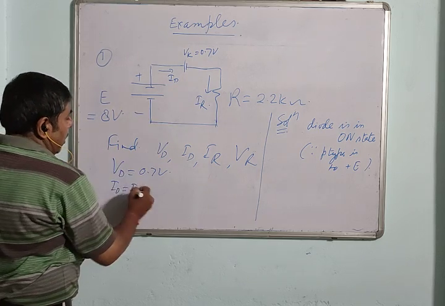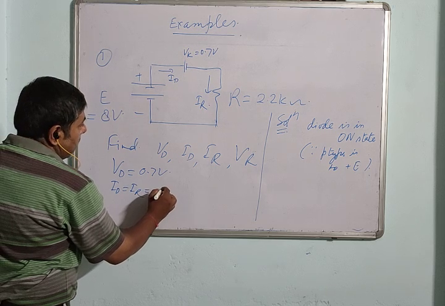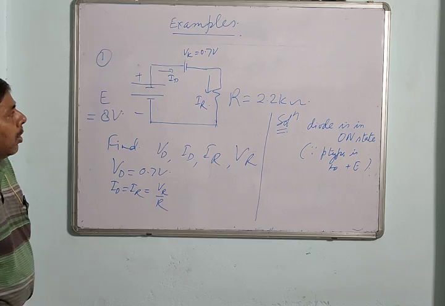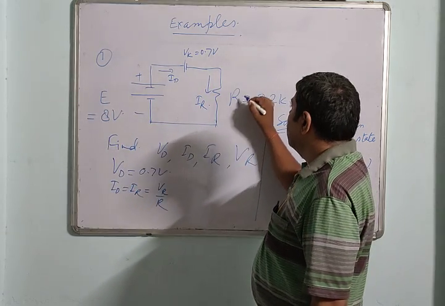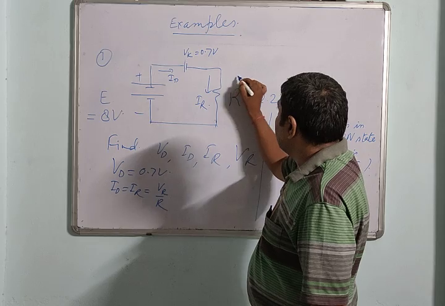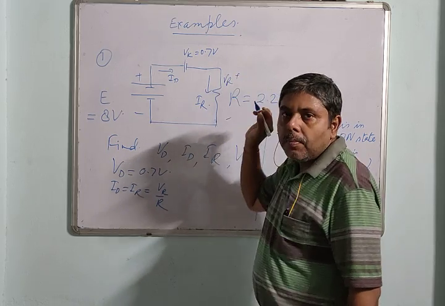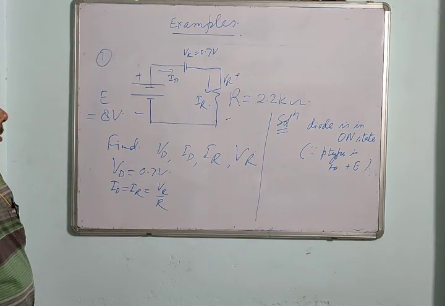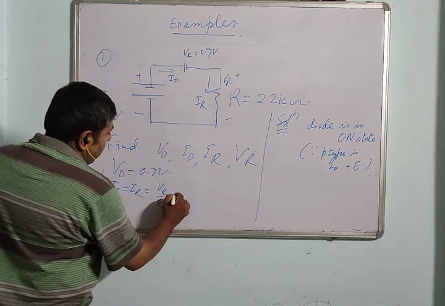Both currents are equal due to in series. So you can calculate this current by this resistance, because you can calculate here voltage drop VR, and then you can find out the current.